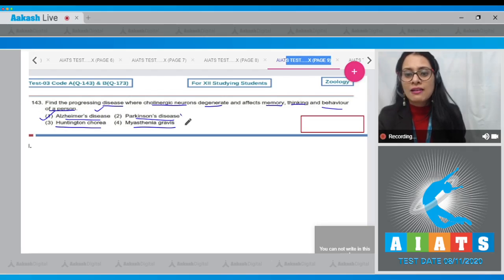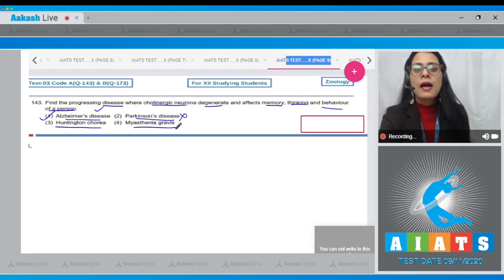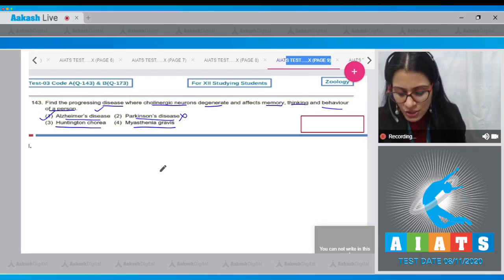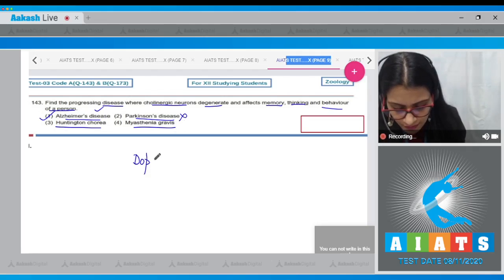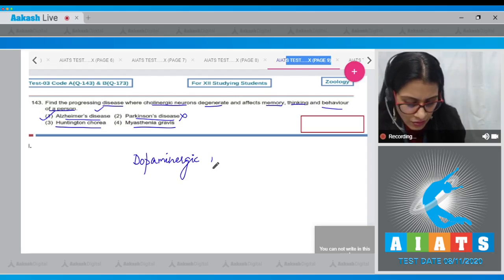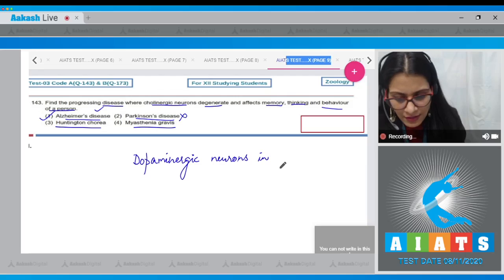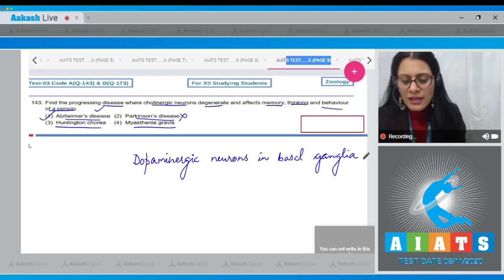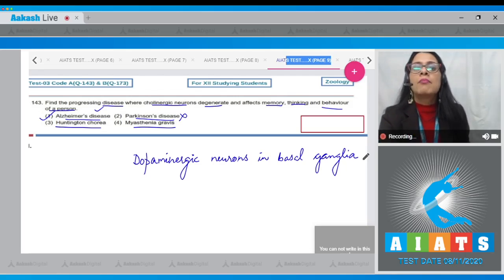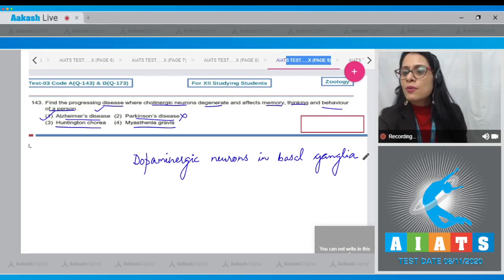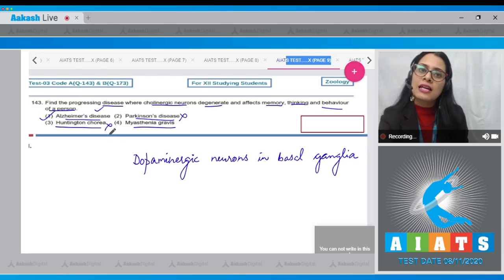The next option is Parkinson's disease, which is an incorrect option. Parkinson's disease is caused due to degeneration of dopaminergic neurons in basal ganglia and is characterized by muscular tremors. The next option is Huntington chorea, which is an incorrect option.